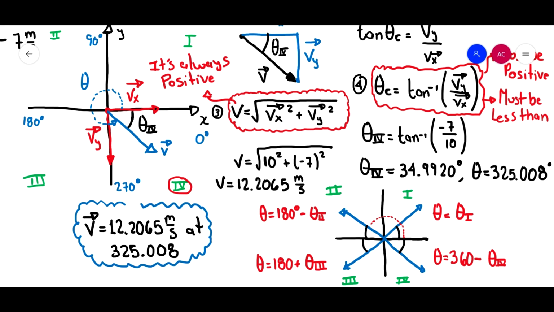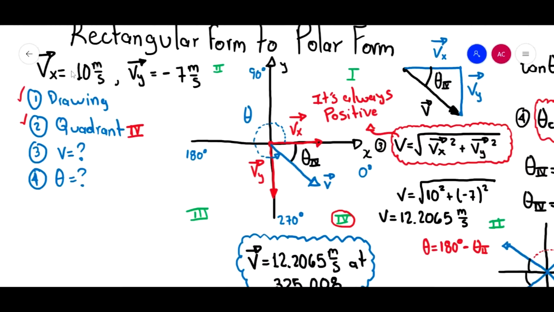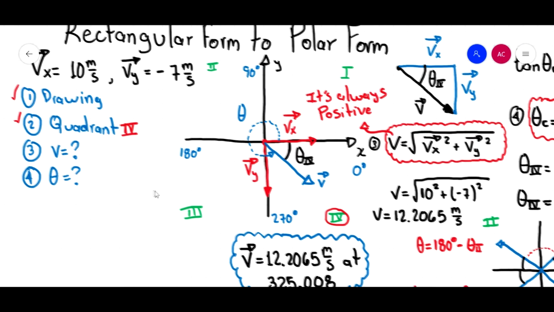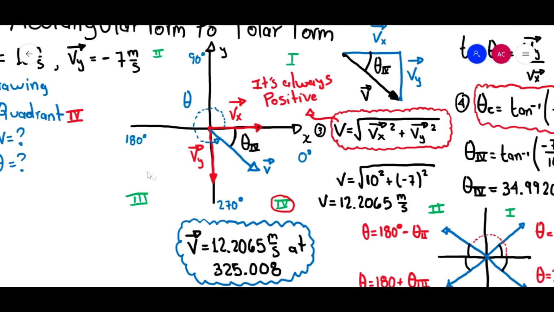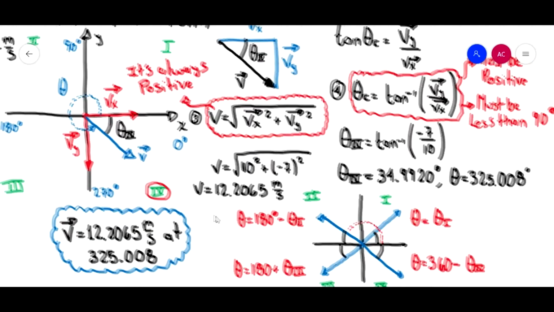I hope I made myself clear. Everything depends on where those two components are. In this case, the rectangular coordinates are in the fourth quadrant, but they could be in the first, second, or third quadrant. So this was all the procedure that we use to find the answer.